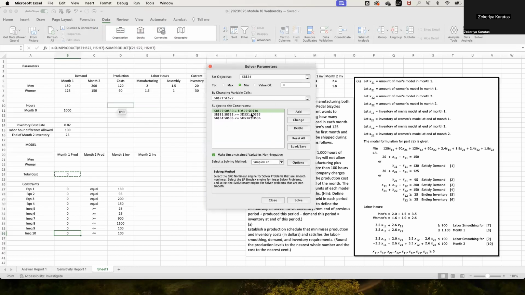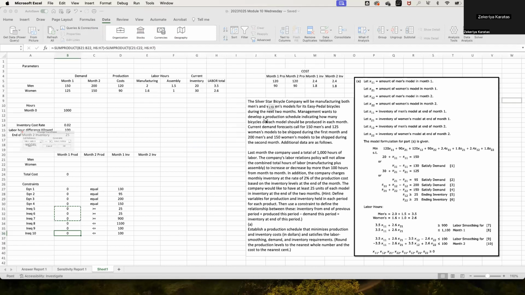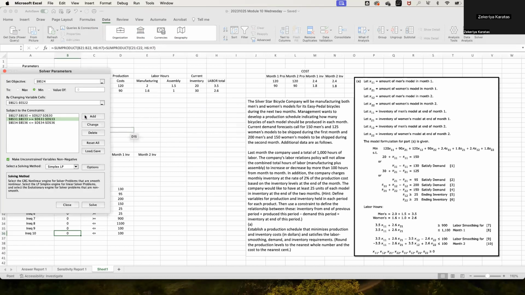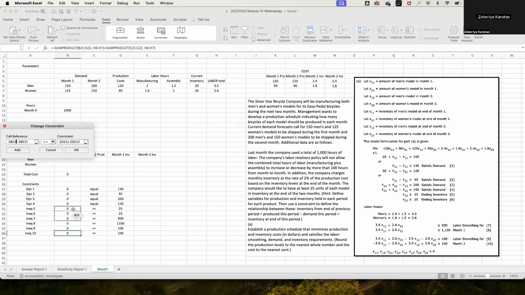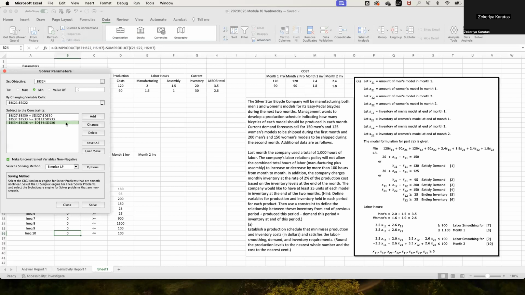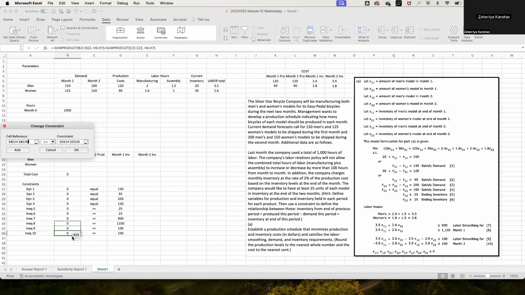From the second one, on the left side I have the left 3, because they're all greater than or equal to, and on the right side I have the right 3. And the third one, I have those 3 on the left side because all 3 are less than or equal to, and on the right side I have the right 3.